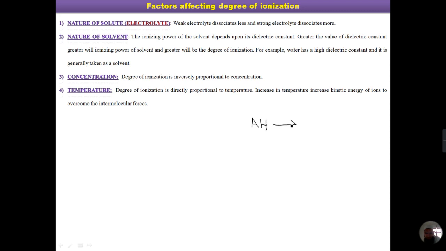Let's say this is an electrolyte. Upon dissolution, it gets dissociated like this: any electrolyte. Sorry, this is A minus, let's say this is your negatively charged species, plus H plus. So this is some sort of acid. But anyway, it's an electrolyte.